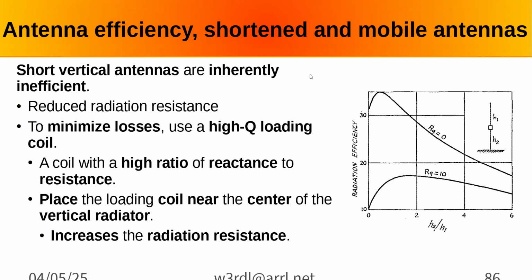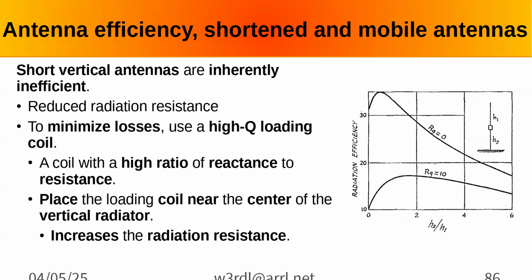Because it's a short antenna, and we just talked about the fact that it has reduced radiation resistance, because that decreases the shorter it is relative to the necessary length for that frequency. If I use a high Q loading coil, I can minimize some of the loss.